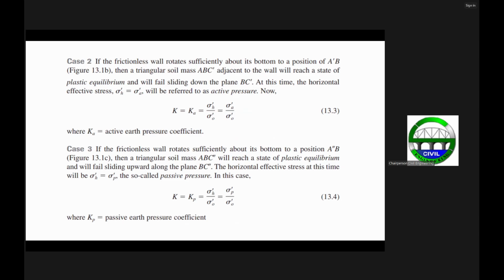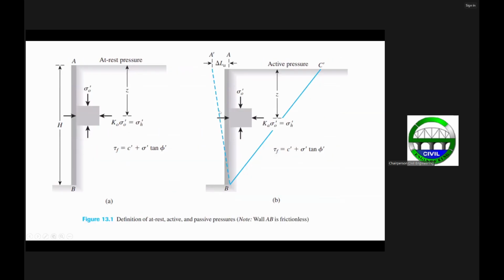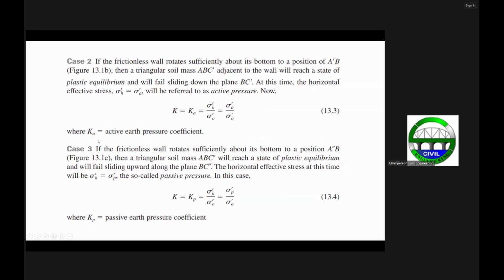In that case, your K will no longer be K sub O, but it will now become K sub A, where K sub A is the active earth pressure coefficient.